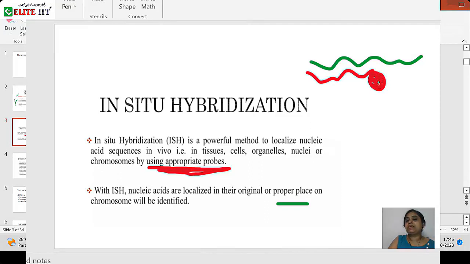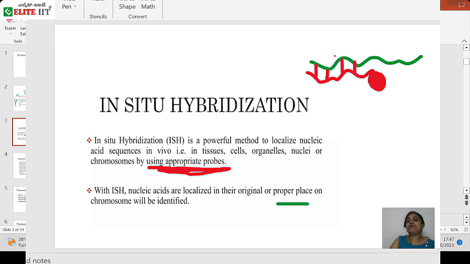It may be a green or red fluorescent compound; multiple colors are already available in the laboratory. You tag the fluorescent compound to the probe, and you add the probe inside the cell during the experiment. What will happen? The probe will bind to the complementary sequence inside the cell, and only to that.